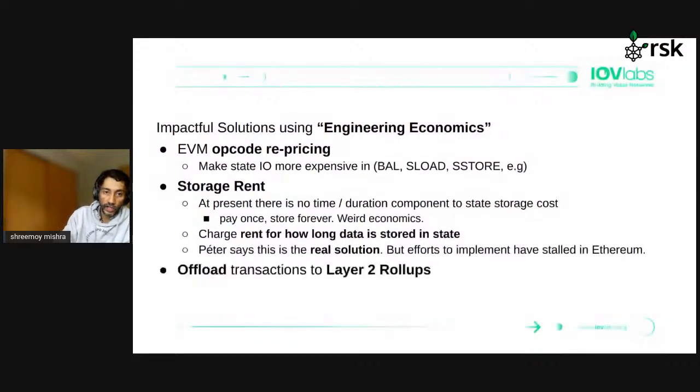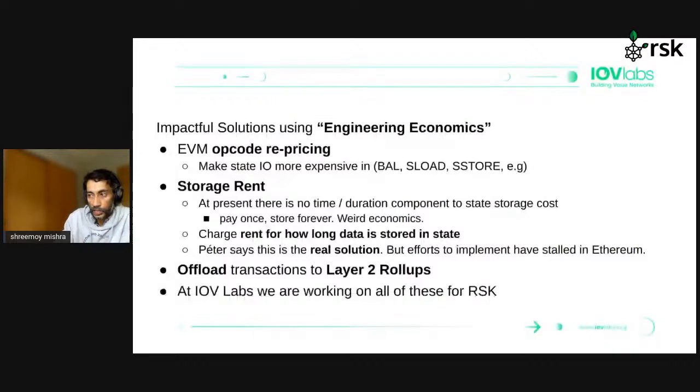So try to offload a lot of transactions to something like a ZK rollup or an optimistic rollup based system in which most transactions move off-chain to a different blockchain, and then only some state change information is pushed to layer 1. And at IOV Labs, we are working on all three of these approaches: repricing, storage rent, and offloading transactions. The one that I've been involved with a lot is the middle one, storage rent.